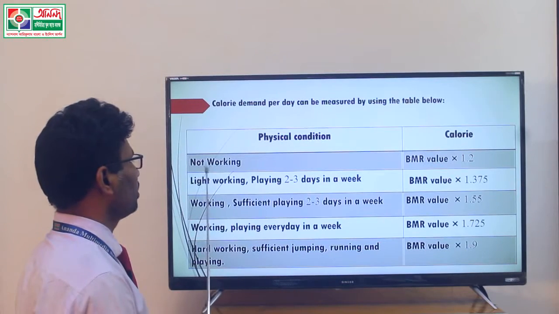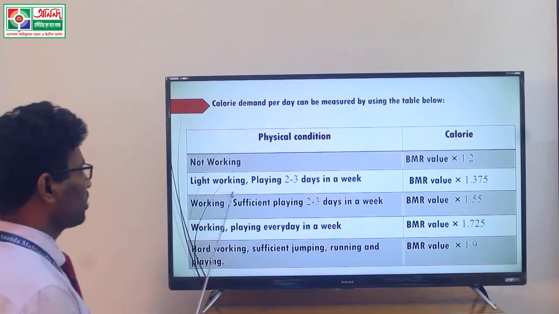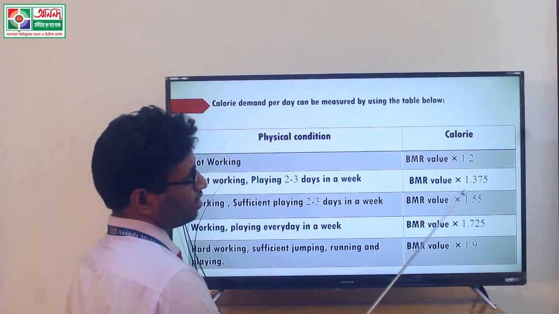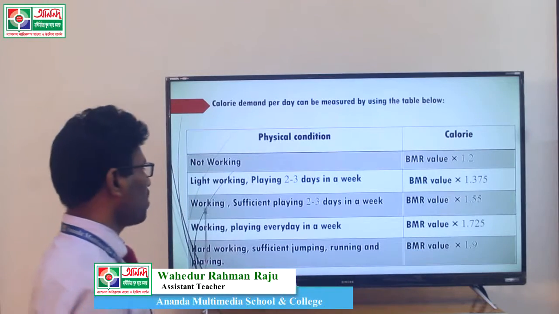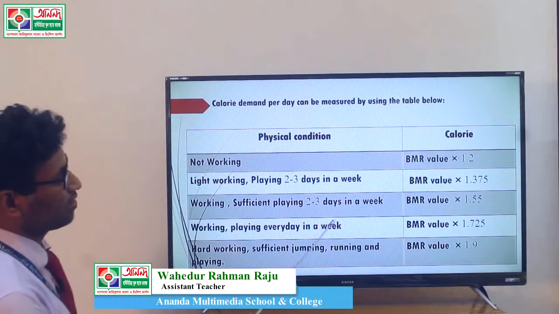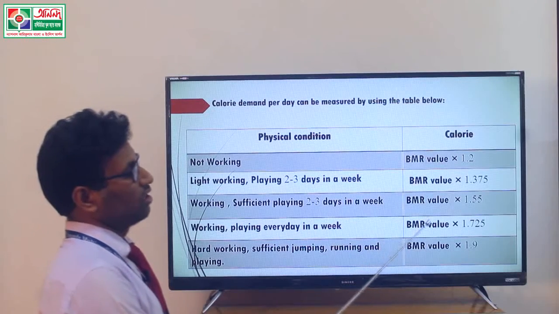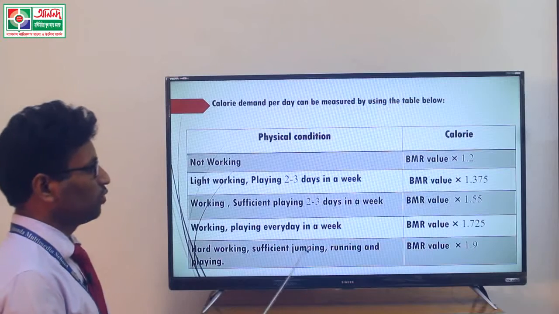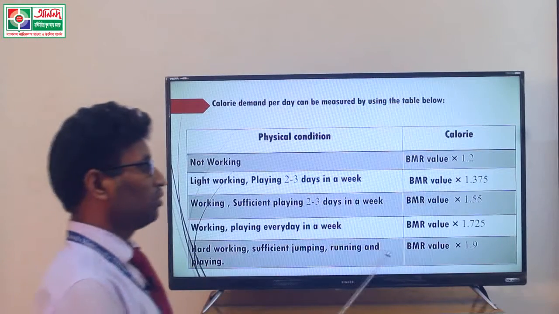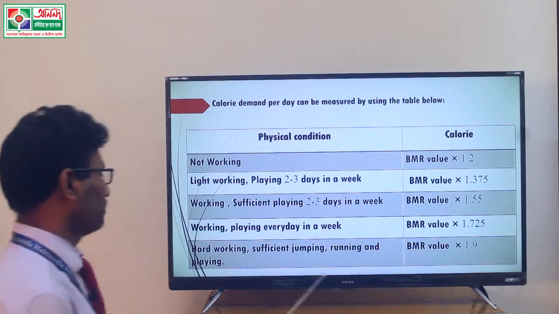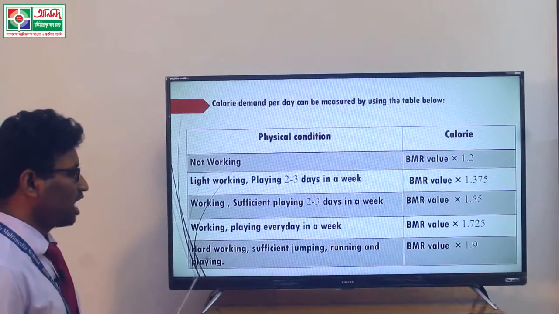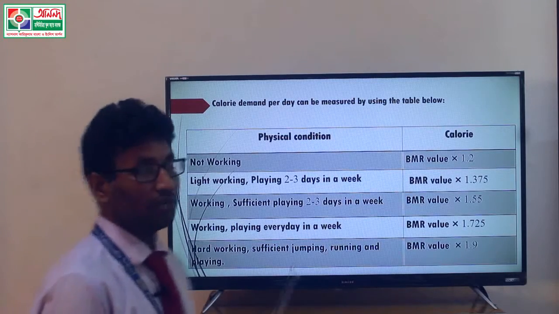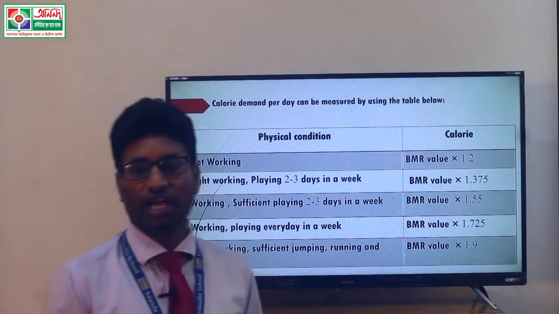For light working and playing two to three days in a week, the BMR value is multiplied by 1.375. For working sufficiently and playing two to three days in a week, the BMR value is multiplied by 1.55. For working and playing every day in a week, the BMR value is multiplied by 1.725. And for hard working with sufficient jumping, running and playing, the BMR value is multiplied by 1.9.